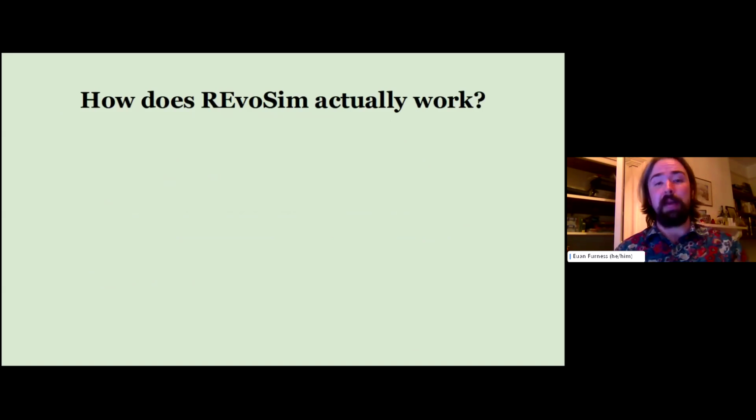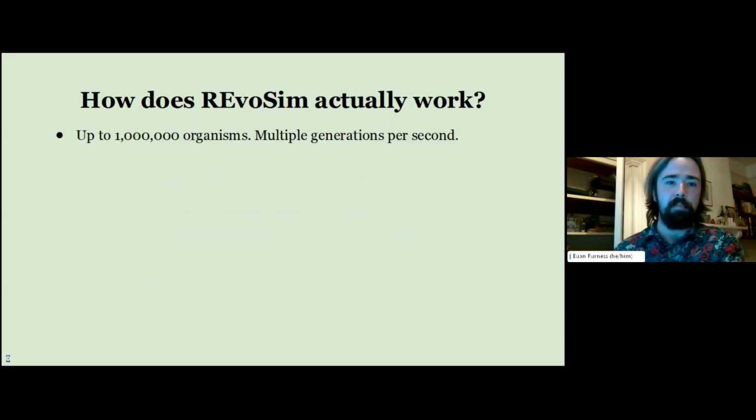So how does RevoSim actually work? Well, I want to cover some of the basic rundown here, and then later on I'll show you an example of what we can do with it. It tracks different individuals as different entities within the model, and it can track up to 1 million of them at a time. And it can run these simulations at a rate of multiple generations per second. So that's a very large number of organisms turning over within the system.